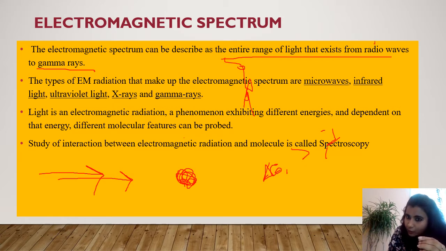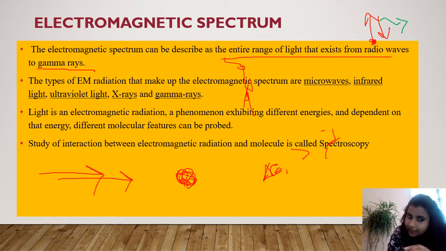Suppose this is an electron, it absorbs the energy of the incident light, gets excited and moves to an upper energy orbital, and when it returns to its own orbital, it releases energy with a longer wavelength and smaller energy than the incident light.